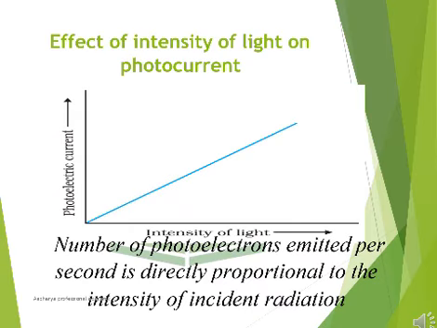This happens because more light intensity means more photons strike the metal, and hence more electrons are emitted per second. So the photoelectric current increases.